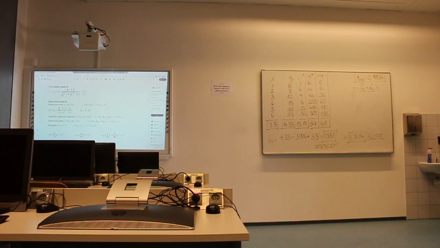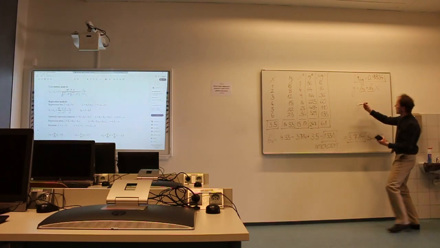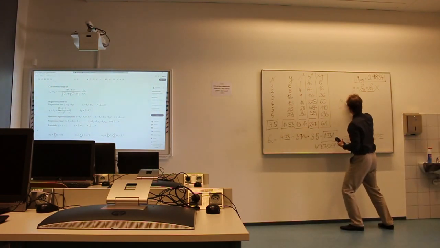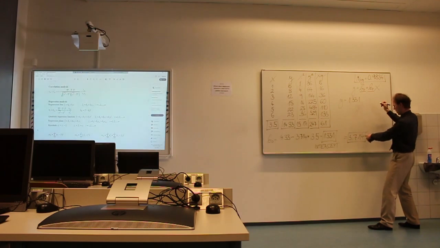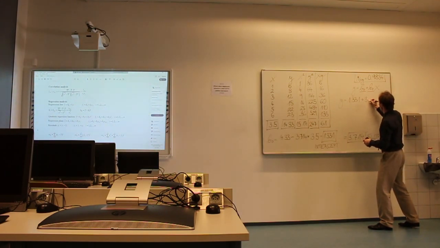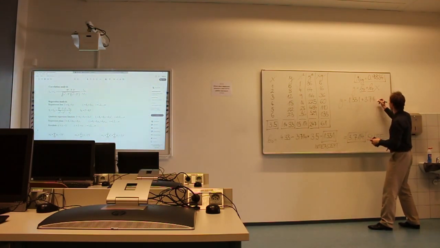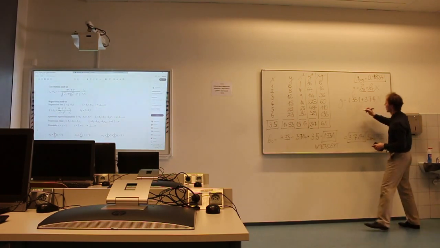Now we are able to write the formula of the regression line. y is equal to intercept 1.331 plus 3.714 times x.